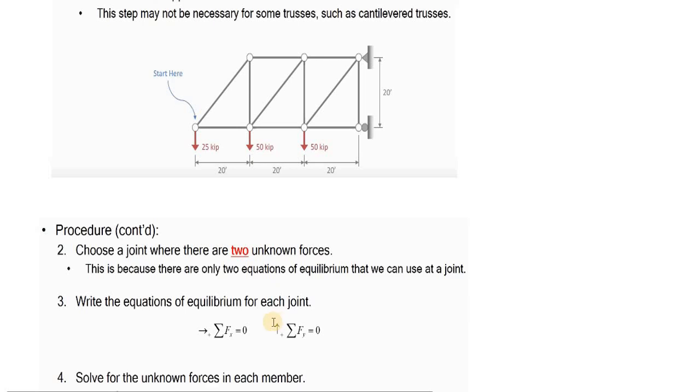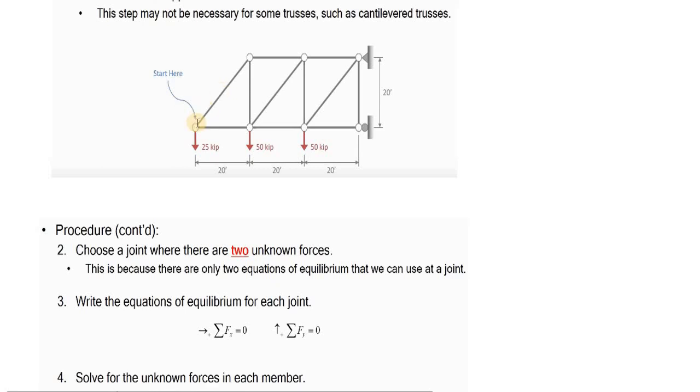The next step is we are going to choose a joint where there are two unknown forces. You need to have two unknown forces at most. So this is the maximum. If you take a look at this, we're having three unknown forces, so we won't be able to calculate for this because we're having more than two unknown forces.